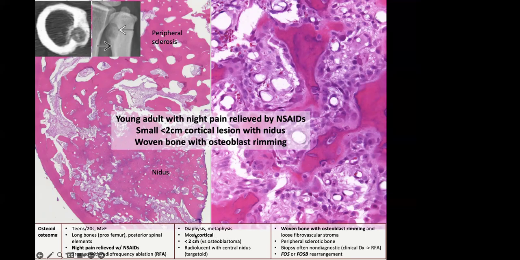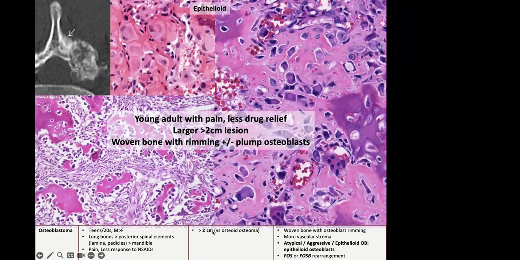They generally have a nidus, as you can see here on radiology, with intracortical lucency and small size, and FOS-B rearrangement. Similar but larger in size, and also with FOS-B gene rearrangement, is osteoblastoma.